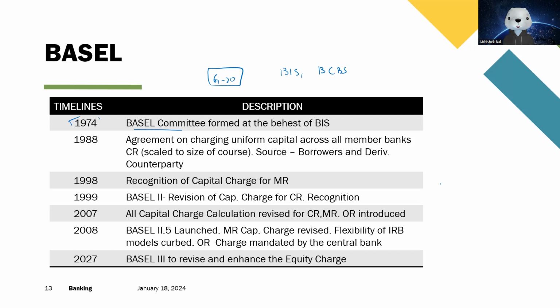And what did they propose? Of course, in those days, banks were not as globally integrated as they are today. The primary risk that the G20 nations envisaged for the banks was something called credit risk.